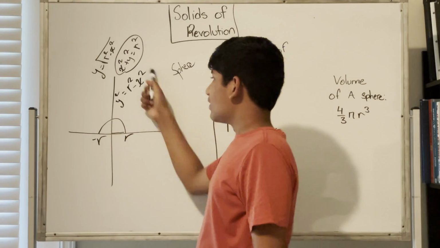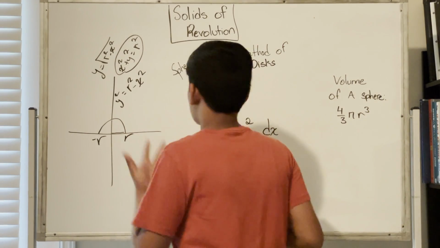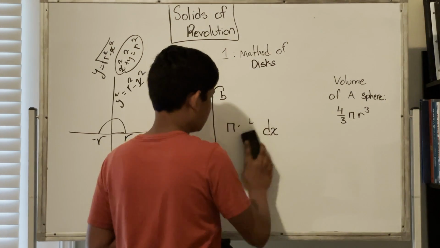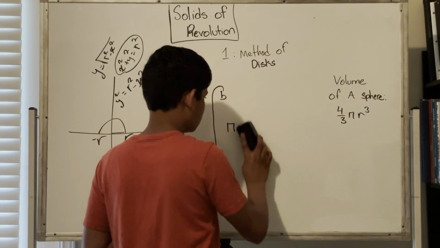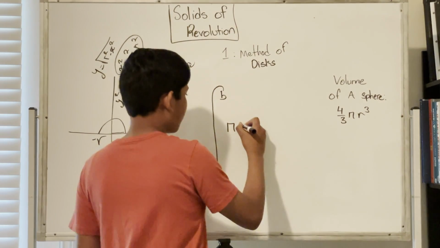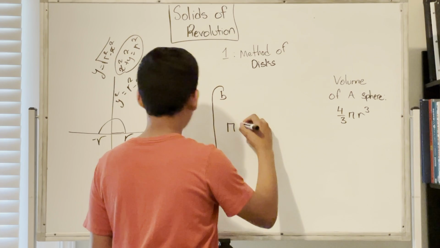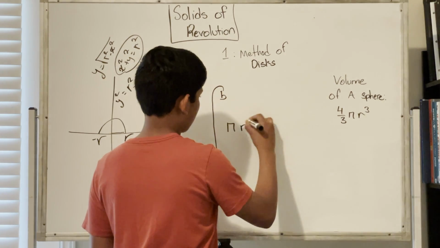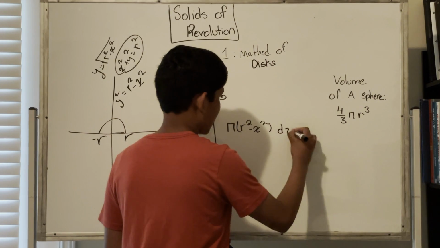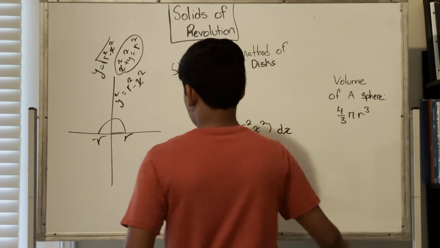Simple. Now we're going to take this r squared minus x squared and plug it into the integral, so we have the integral of r squared minus x squared dx.